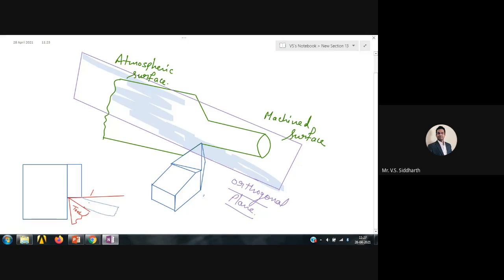These are the chips. This is the workpiece. Okay. This is the uncut chip thickness. This part is known as uncut chip thickness. This is the chip thickness, because these are the cutting chips which are flowing.